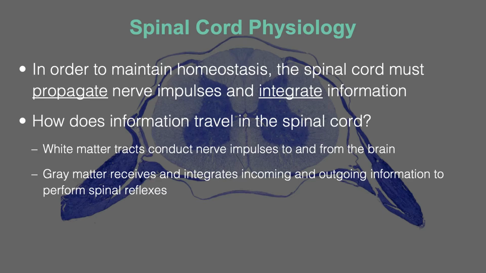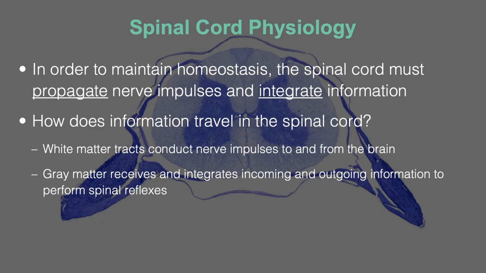How does the information move within the spinal cord, and how is it integrated? We've seen these terms before. White and gray matter are responsible for those roles, respectively. White matter is the conduit. We'll see why it's called white matter and why it's a good conduit on Thursday. Gray matter processes the information.